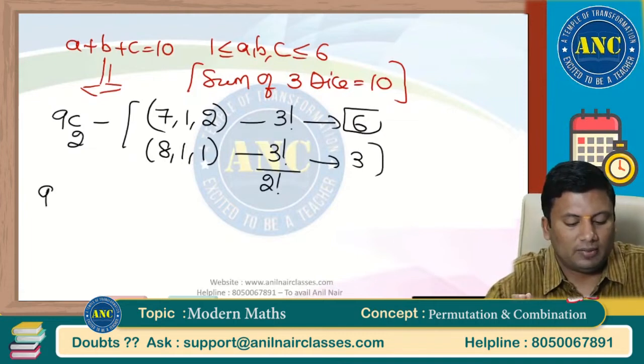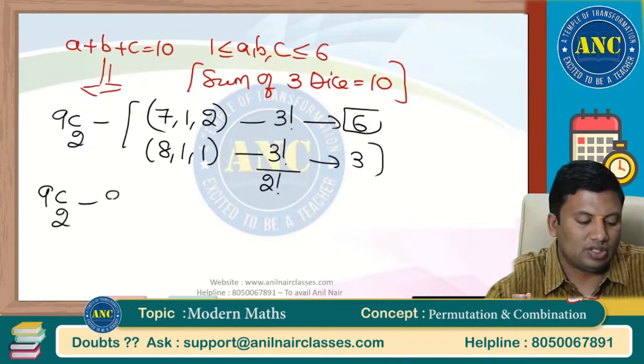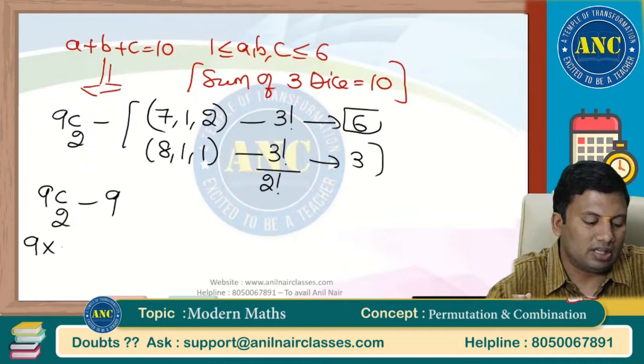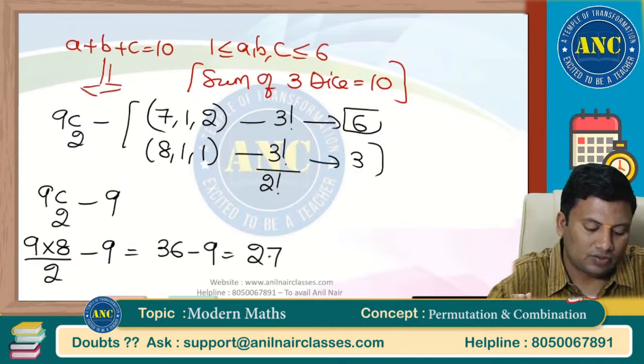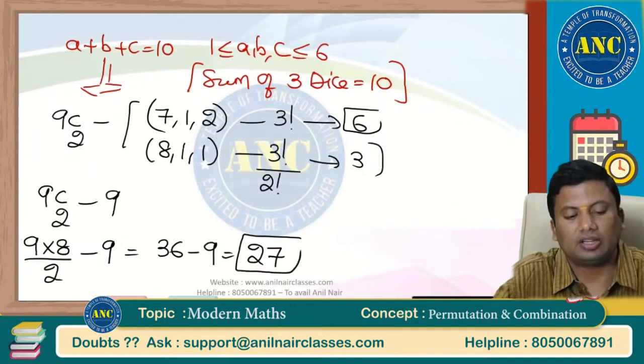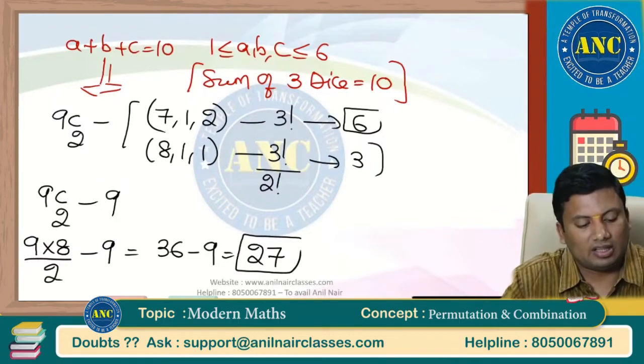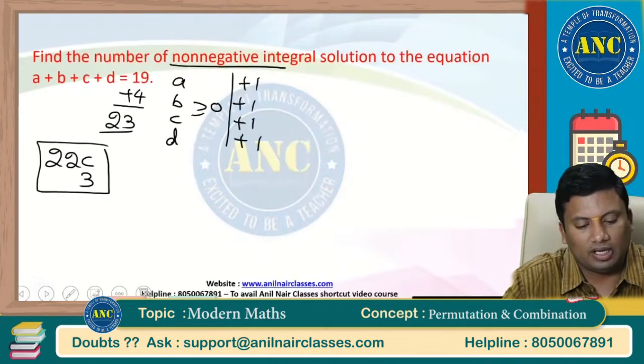This is nothing but 9C2 minus 9. 9C2 is 9 into 8 by 2, 36, minus 9. The answer is nothing but 27. I hope the doubt is clear.